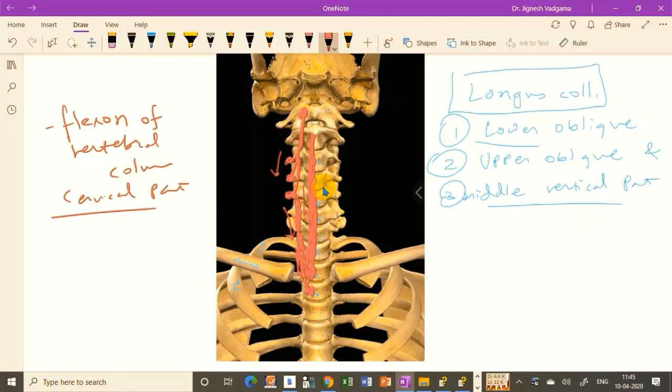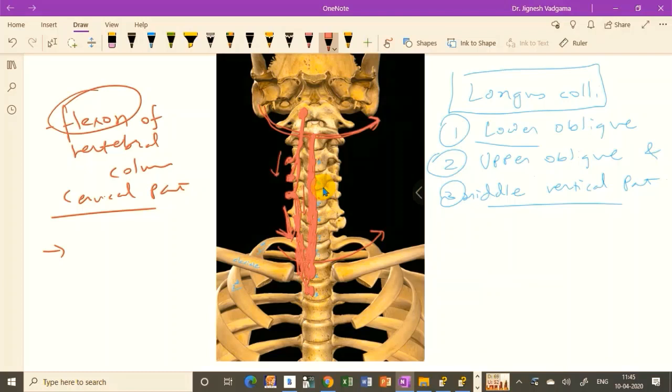And one more action of the lower oblique portion: when it contracts, it will turn the chin to the opposite side. So it is responsible for the rotation of the neck to the opposite side. This is one more action of the lower oblique part. All these are the important actions of the longus colli muscle.